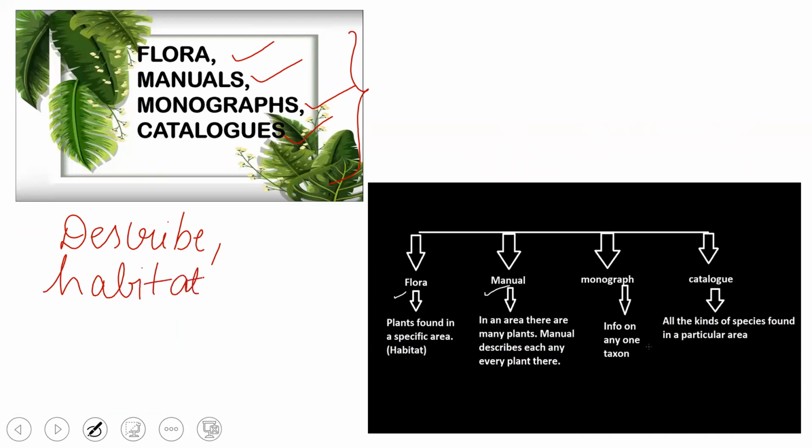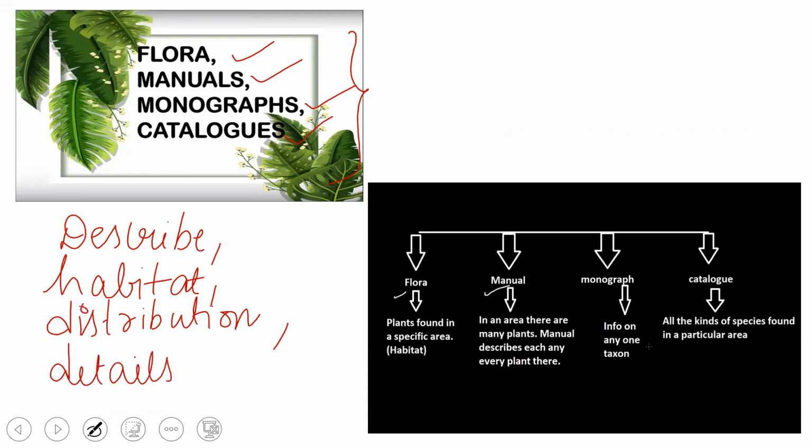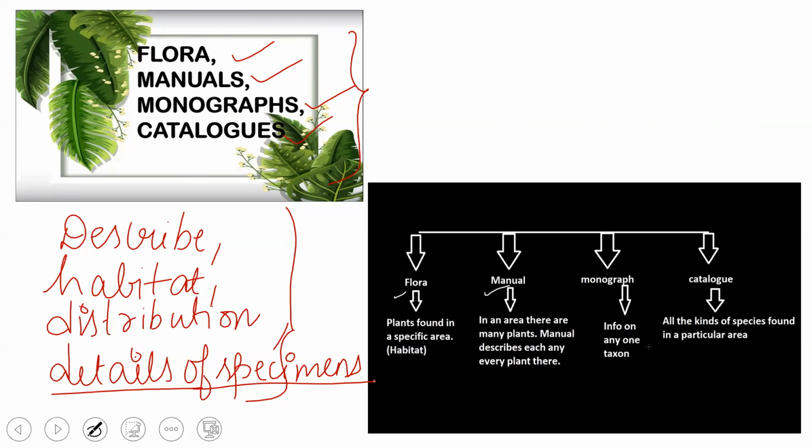It is going to help us to describe the distribution or the locality. Okay, and also it helps us to understand the complete details of the plants. Basically, flora, manuals, monograph, and catalogs, all these are the taxonomic aids which are used, giving details of the specimens. Okay, all these are used for various purposes.